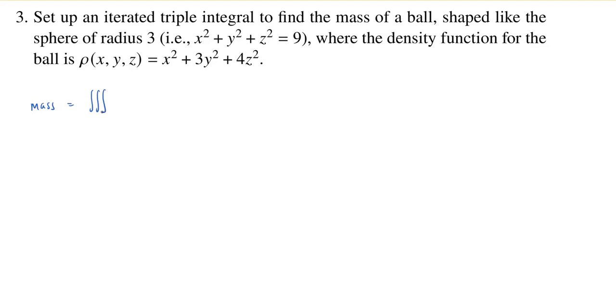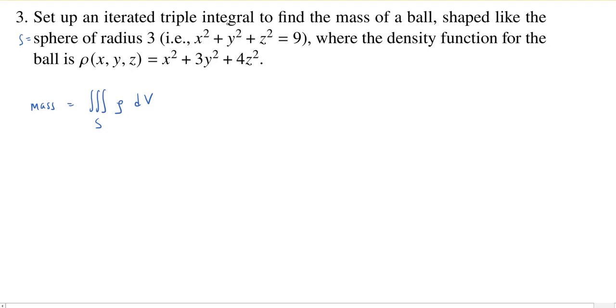How about we'll call it S. So S will be the sphere of radius 3. We're going to triple integrate over S, and we're going to integrate the density function, which was this guy right here. That's the triple integral we need to compute, or at least set up here.